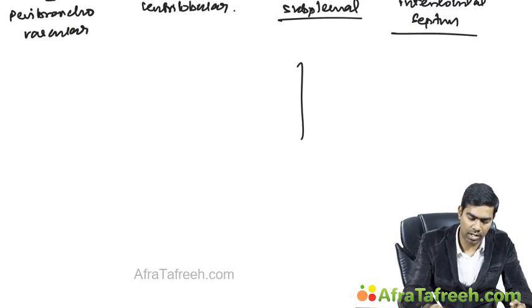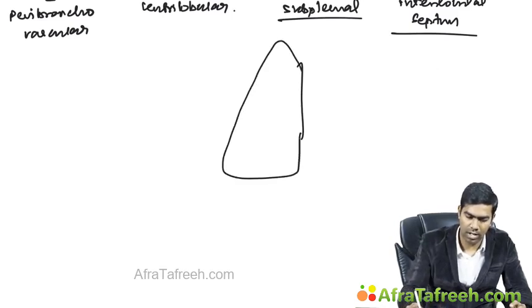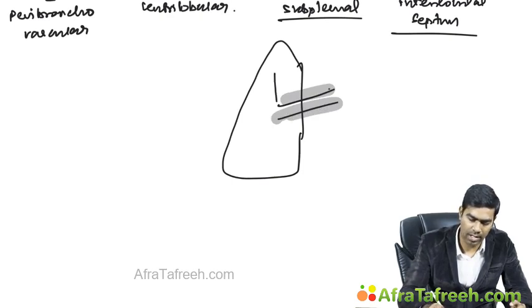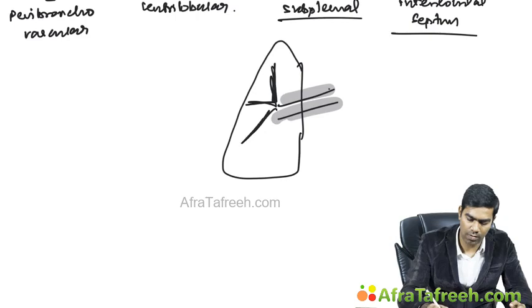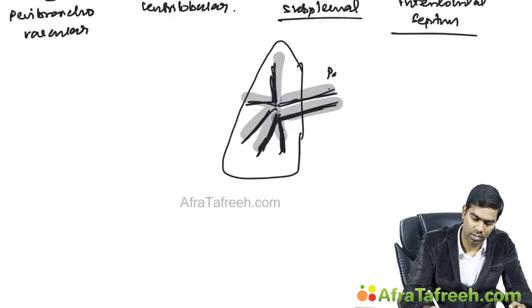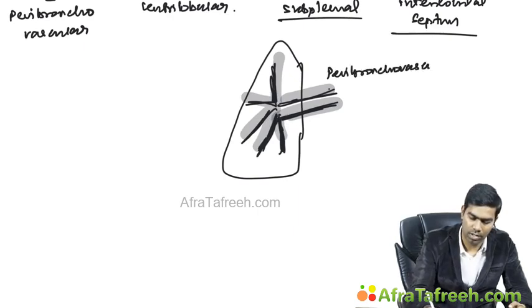So suppose you take a lung, let us take the right lung, and your vessels are going to enter in this area. So your connective tissue also will come along with this area, and they go like this along with the vessels and the bronchus. So this is what we refer to as the peribronchovascular interstitium.